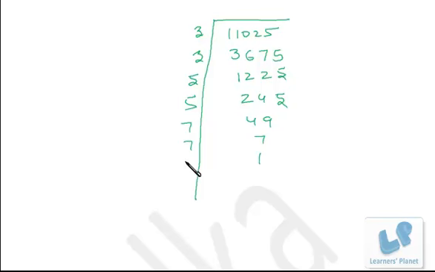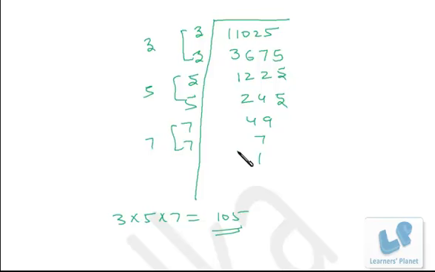Now when we have to find the square root of the given number, we choose one number from a pair, right? So it's a pair of 3s. We'll be choosing one 3, one 5, and one 7 and multiplying these three numbers. So 3 into 5 into 7, right? So 5 into 3 is 15, into 7 is 105. That is the square root of 11025.